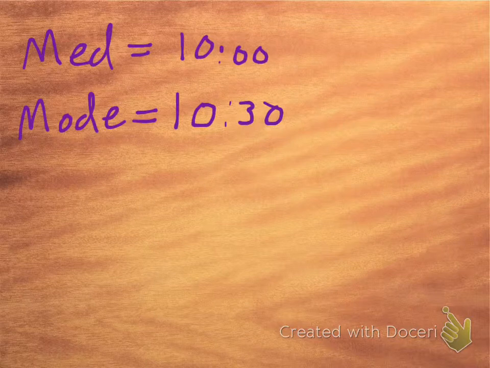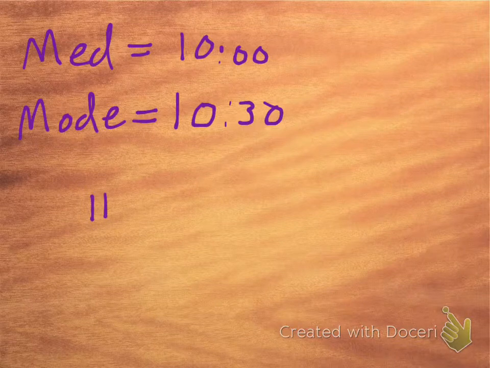Alright. Now, when it comes to solving for mean, we've got to change it up a little bit because you can't solve for average when you're using times. We need to change these into decimals. So, if I have 11 o'clock, that's just going to be 11. Alright?